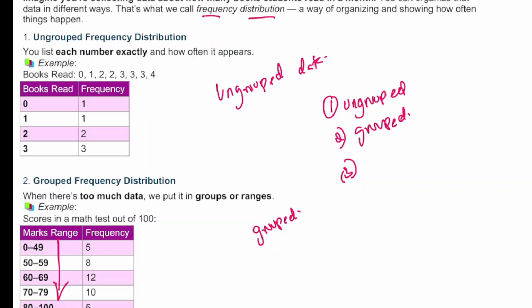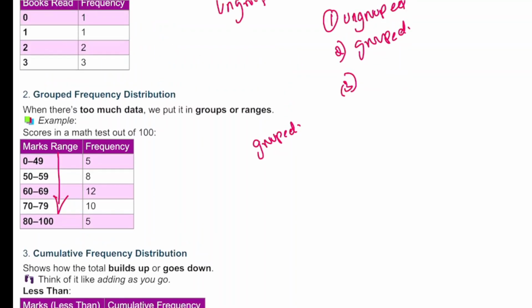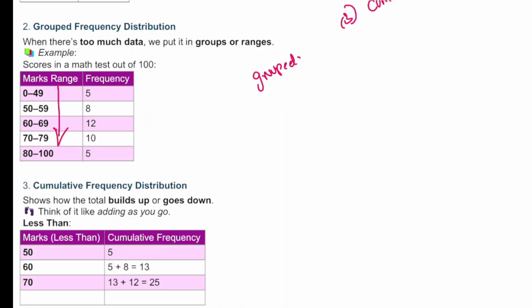Let us go to number 3. Number 3 is cumulative frequency distribution. With cumulative, you start with the first figure and then you add.